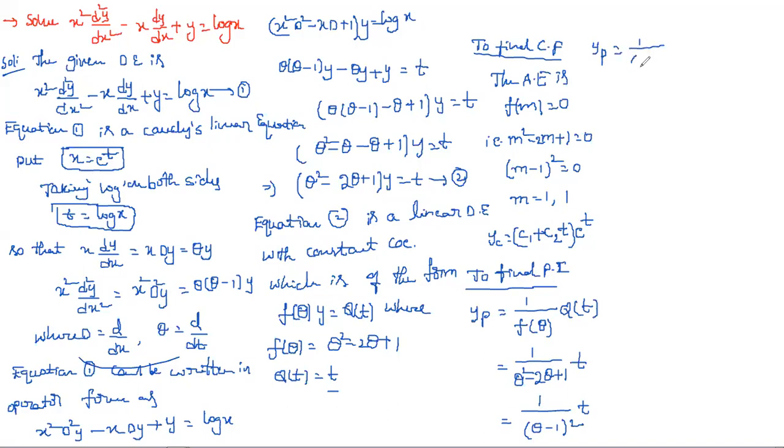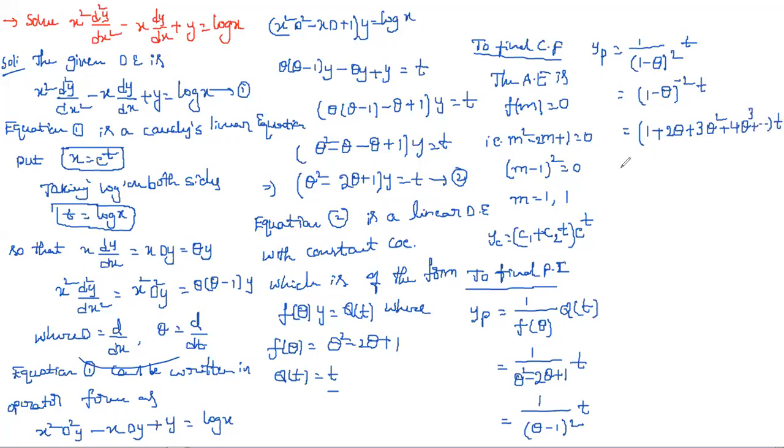Can you write that as (1 − θ)²? Is there anything wrong? There it is a square term, so if you write (θ − 1) or (1 − θ), nothing will go wrong. Take this into the numerator: (1 − θ)^(−2) t. Write the expansion for this: (1 − θ)^(−2) is nothing but 1 + 2θ + 3θ² + 4θ³ + and so on, into t.